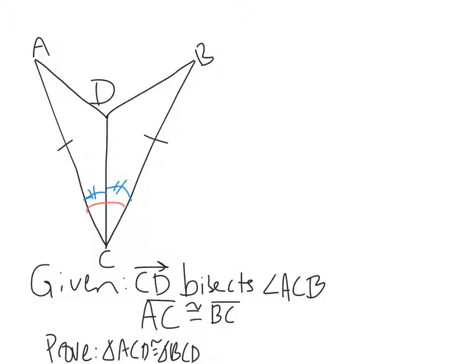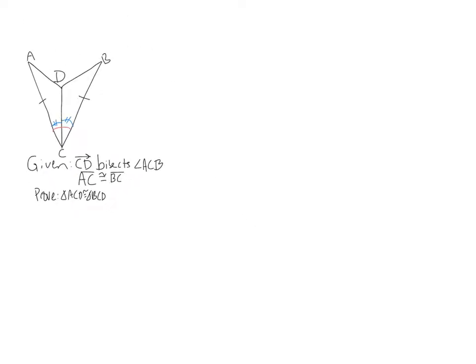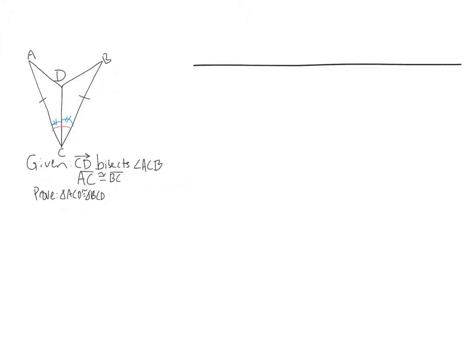All right, I'm going to shrink this down a little bit to give us more room to write, and let's write up our proof with what we've got. We have to add a little bit more in, but we're almost there. So I've got my given.